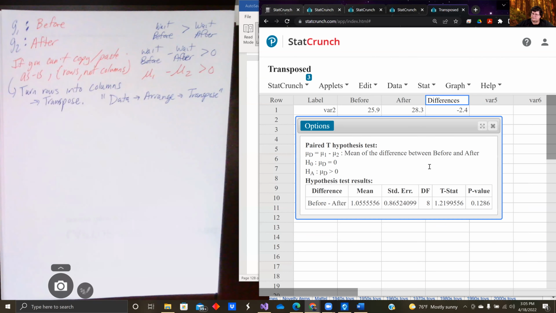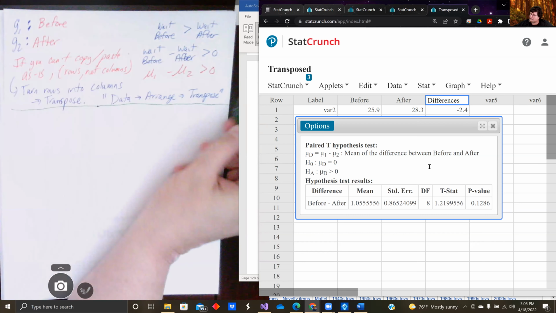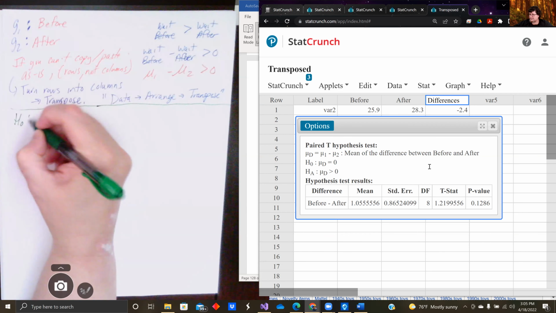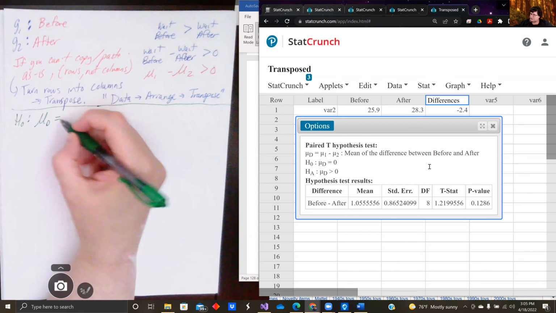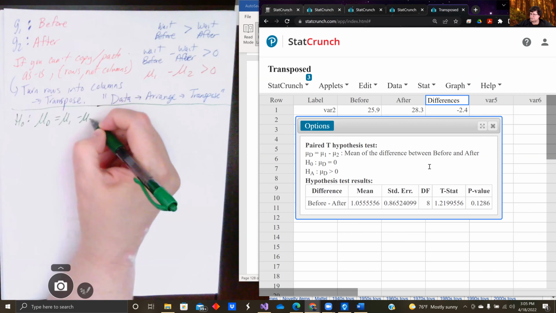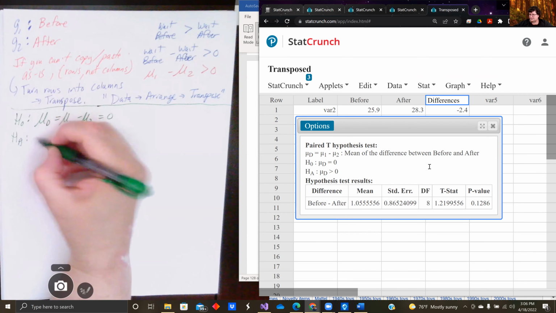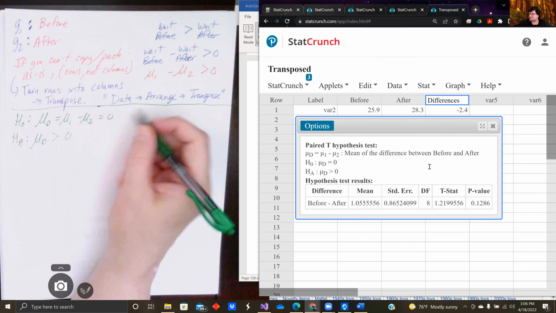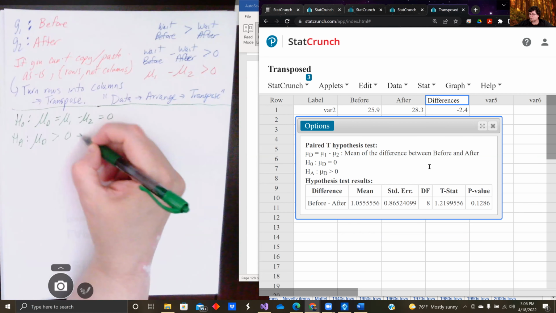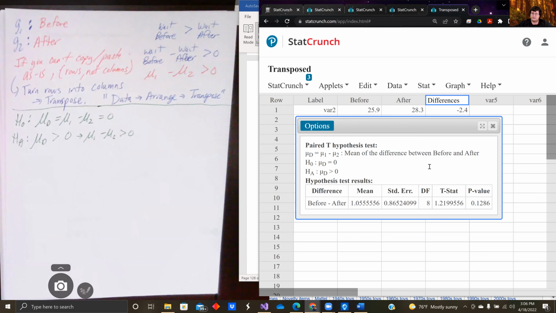I need to actually start going through my steps here. Let's state what H0 is. H0 is mu d, which is mu1 minus mu2, is equal to 0. HA is mu d is greater than 0, or mu1 minus mu2 is greater than 0. Okay, that's step 1.